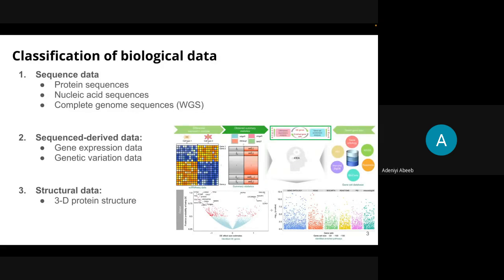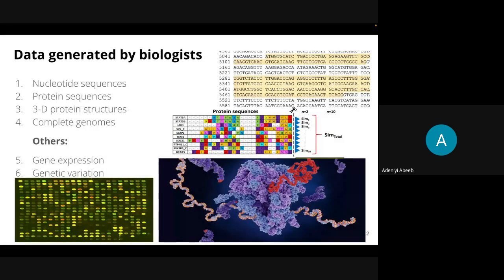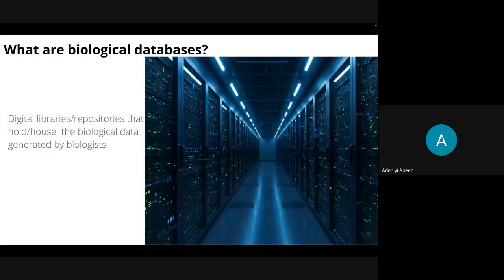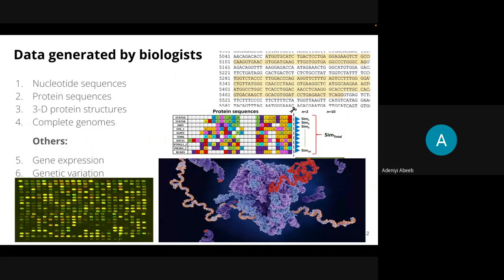When sequencing started and people started sequencing a lot, the file sizes generated from this biological data were very large. Okay, I think I'm already going ahead of myself. Sorry.